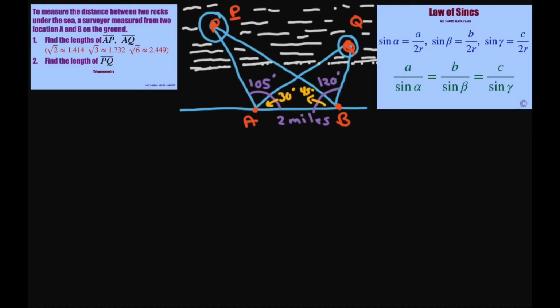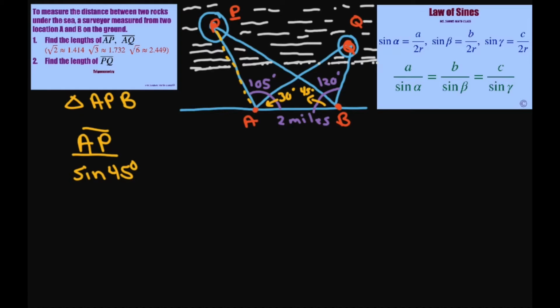All right. And so we're going to find this length here of AP first. This length right here. And we're going to use the law of sines. And so by the law of sines, the length of AP divided by, and we're using triangle APB, sine of 45 degrees.